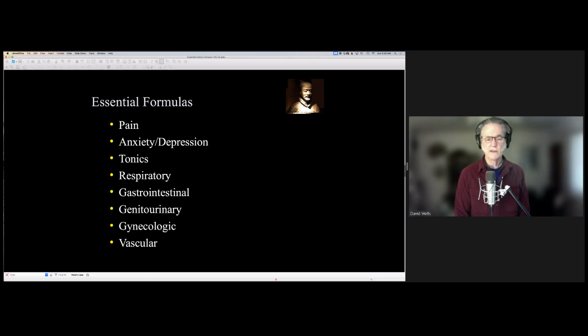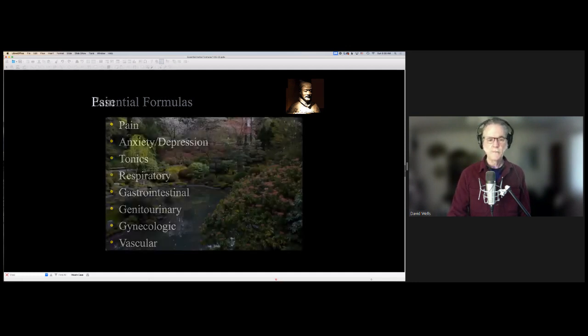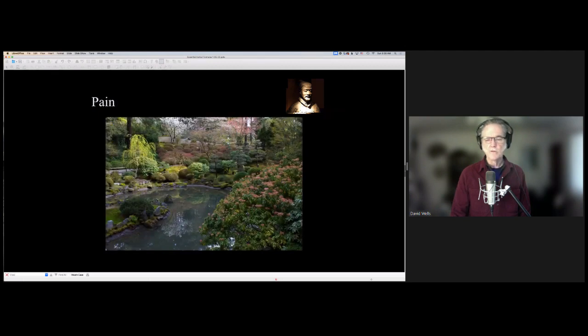You can't take a vitamin, you can't eat a food. There's nothing else that does tonics the way Chinese medicine does. Then there's respiratory problems, gastrointestinal, genitourinary, gynecologic, and vascular. So let's start with pain.